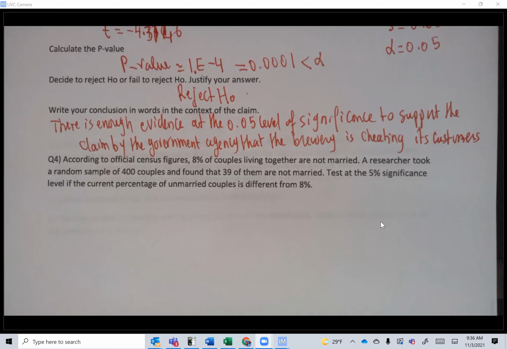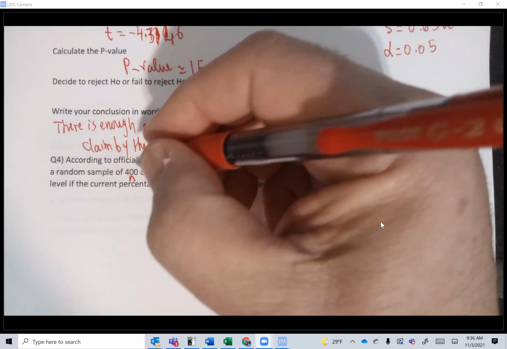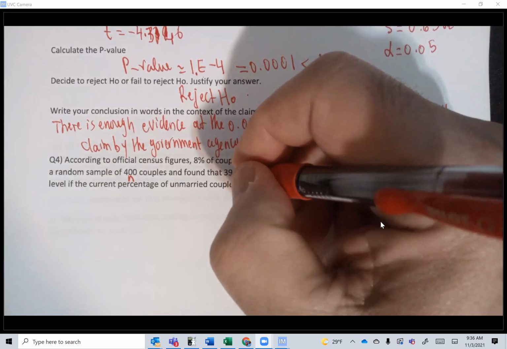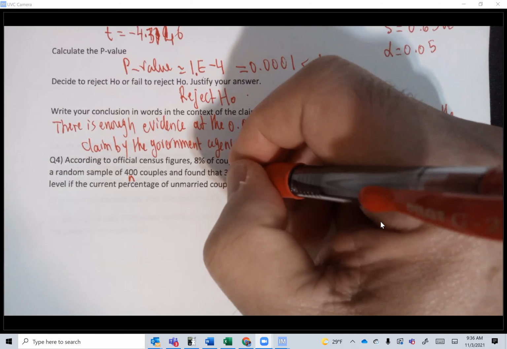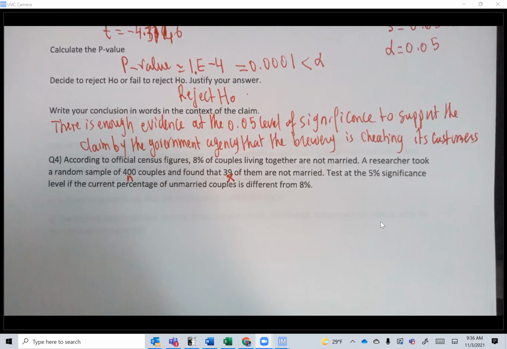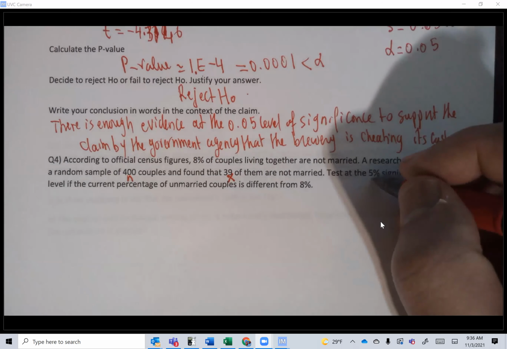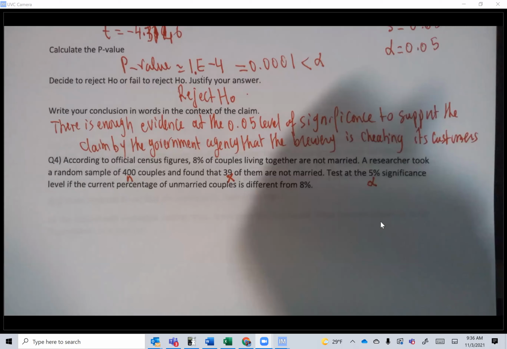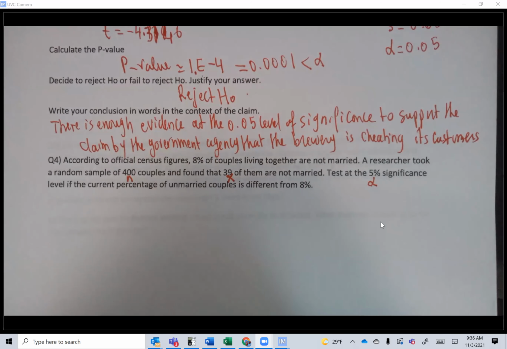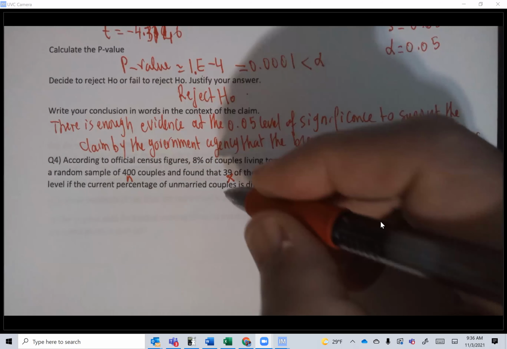A researcher took a random sample of 400, that's N, and found that 39 of them, that's X, are not married. Test at the 5% level of significance, that's alpha, if the current percentage of unmarried couples is different from 80%. That's the claim, guys.